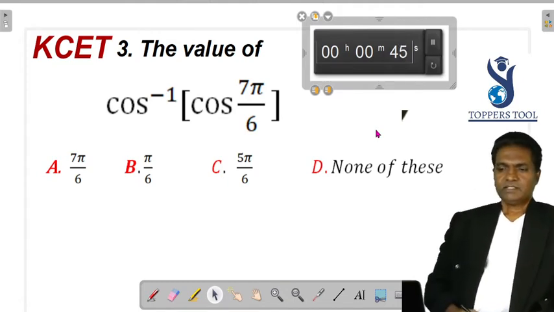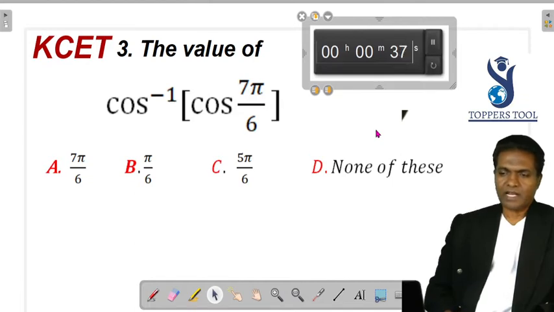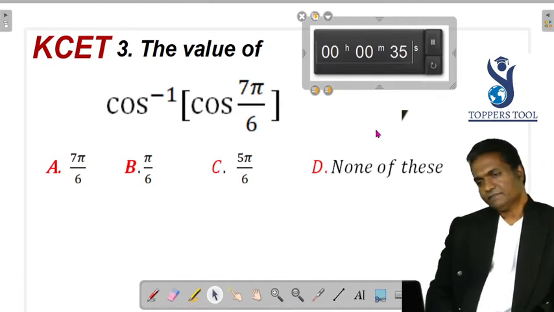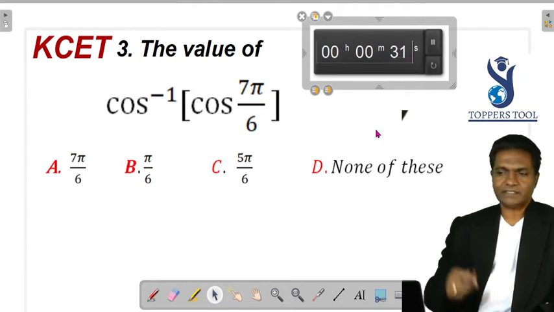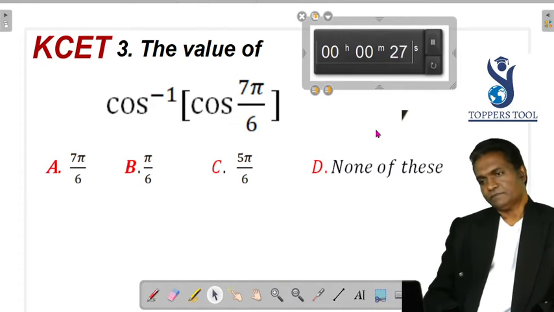One hint: what is the principal branch of cos inverse? And one more, allied angles. 7 pi by 6, you write it as pi plus pi by 6. That is the hint I am giving. So please work out. Last 25 seconds.